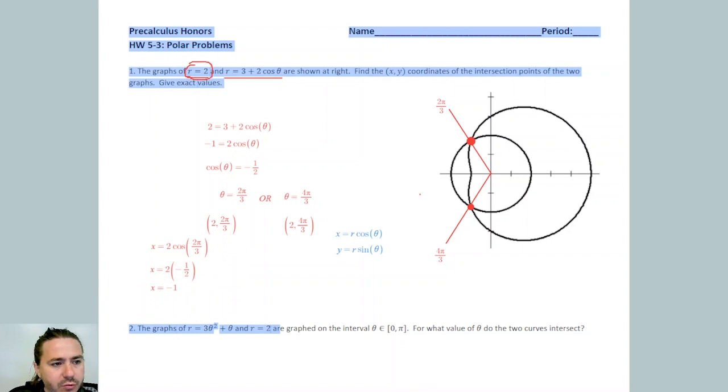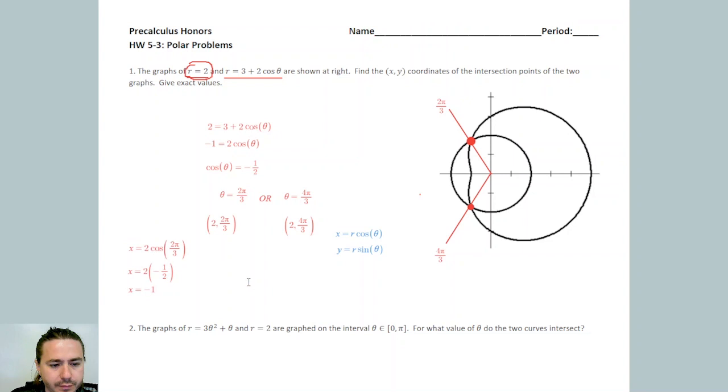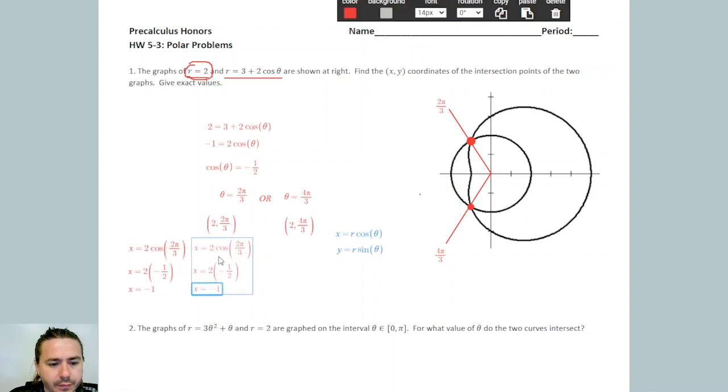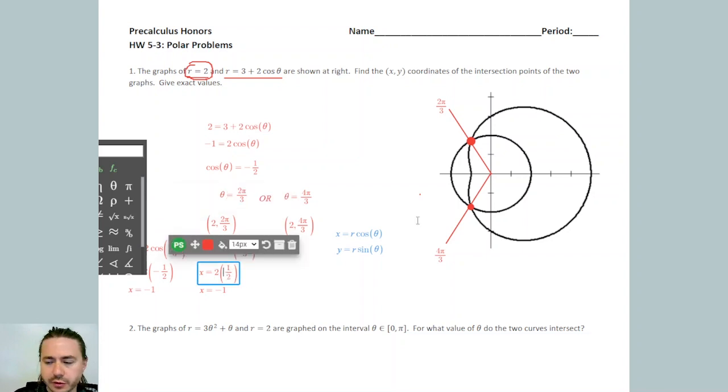So the next thing we'll do is calculate y. So the y will be 2 times the sine of 2 pi over 3, and the sine of 2 pi over 3 is root 3 over 2.